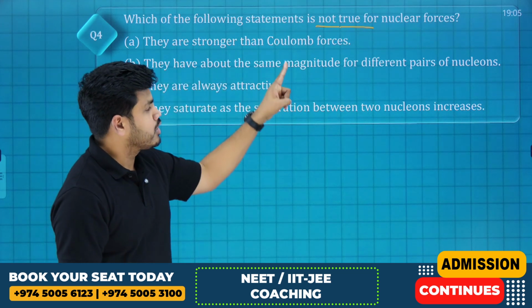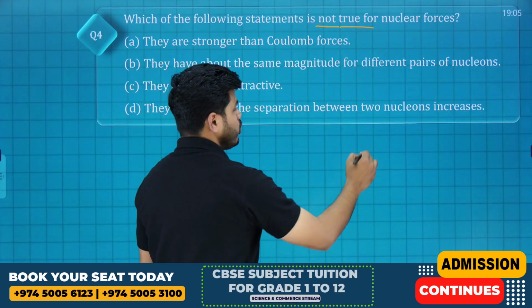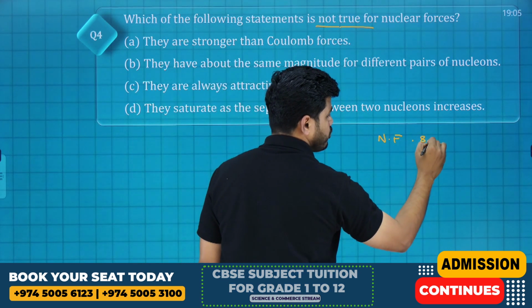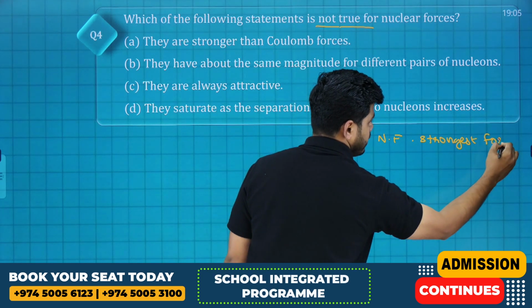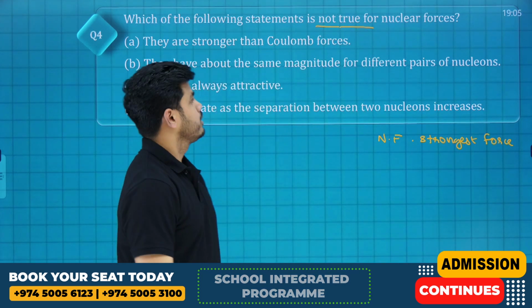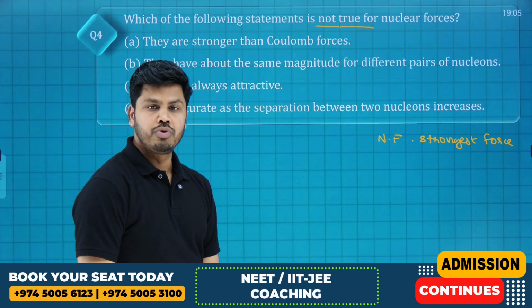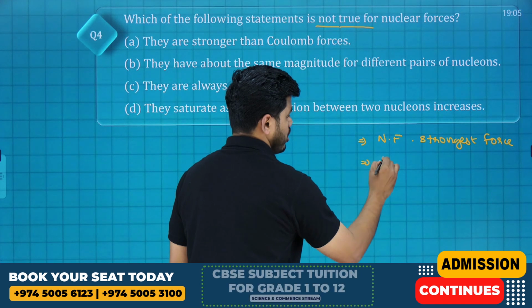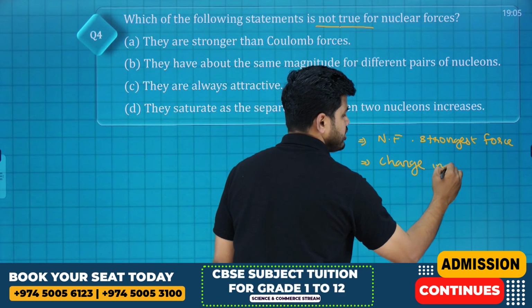See, they are stronger than Coulomb forces. First statement, that's a true statement, because nuclear force is the strongest force in nature, the strong nuclear force. Then they have about the same magnitude for different pairs of nucleons. That also we know, one of the properties: nuclear forces are charge independent.